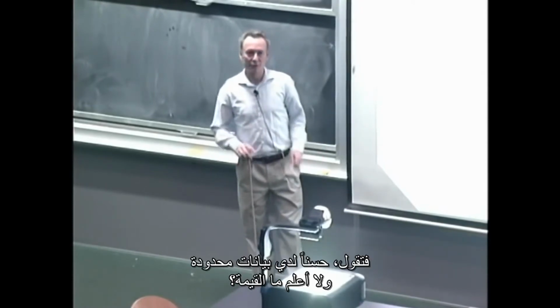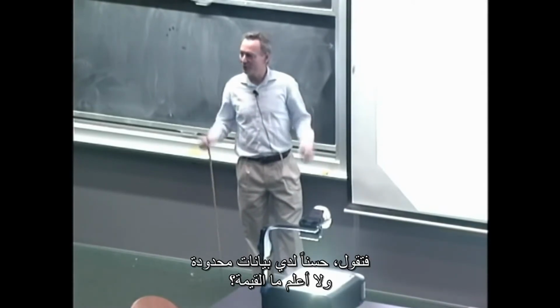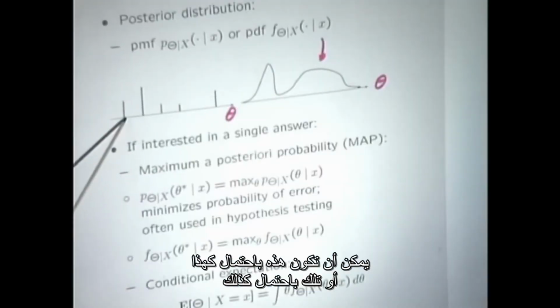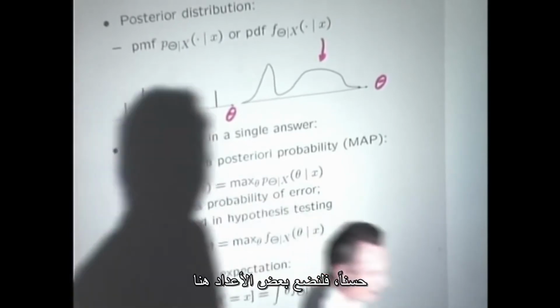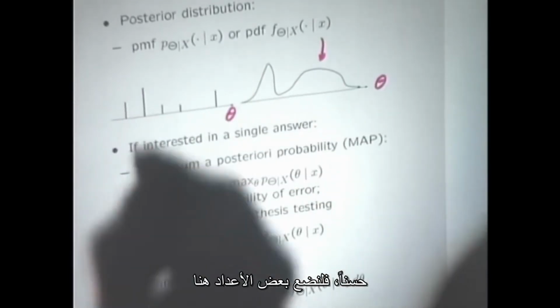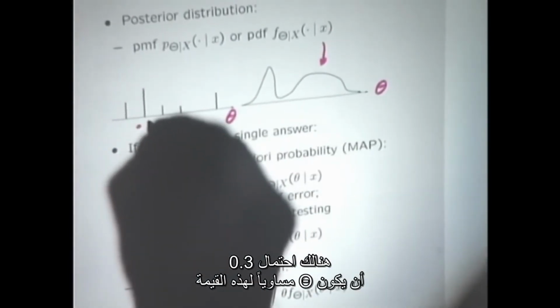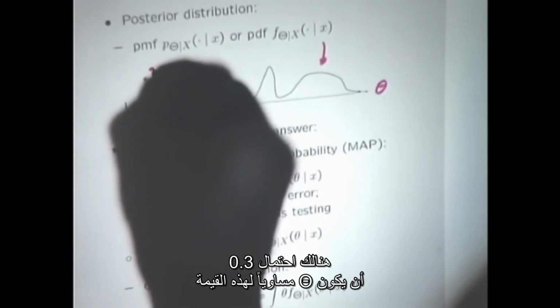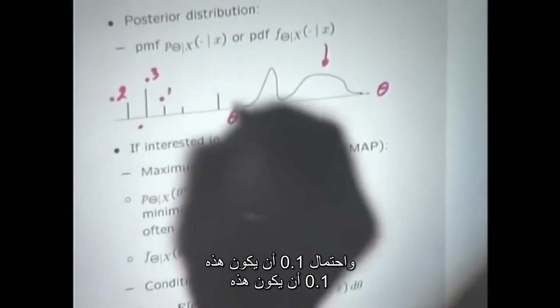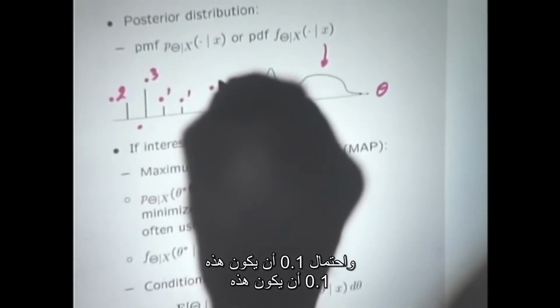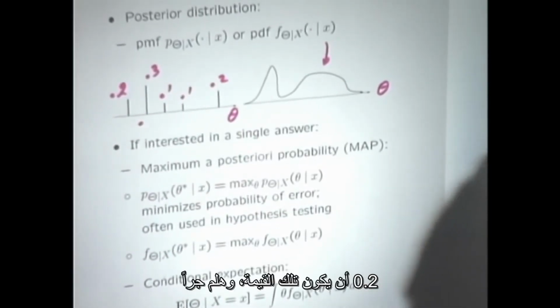And you say, well, I only have limited data. I don't know what it is. It could be this with so much probability, or, okay, let's throw in some numbers here. There's probability 0.3 that theta is this value. There's probability 0.2 that theta is this value, 0.1 that it's this one, 0.1 that it's this one, 0.2 that it's that one, and so on.